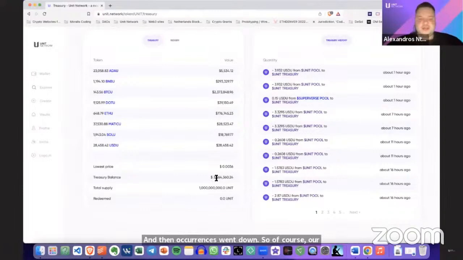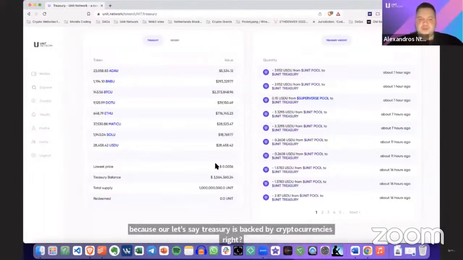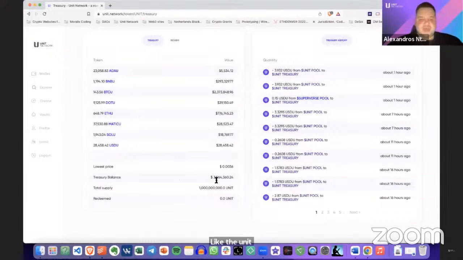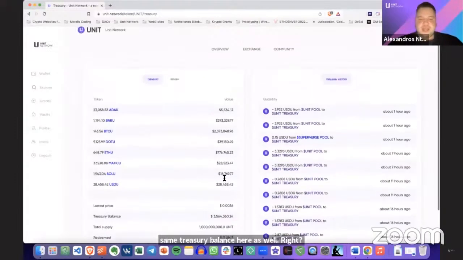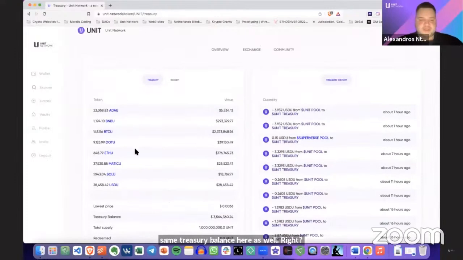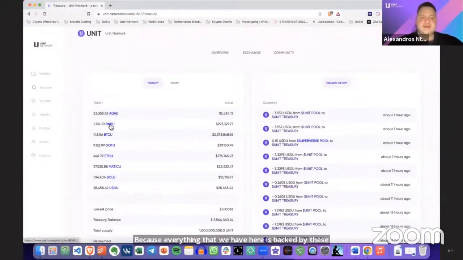This is because our treasury is backed by cryptocurrencies, like the Unit token is also backed by cryptocurrencies. If you add the value of all of this together, it should give you the same treasury balance here as well, because everything that we have here is backed by these cryptocurrencies, as you can see: ADA, BNB, Bitcoin, Polkadot, Ethereum, Matic, Solana, and USD.